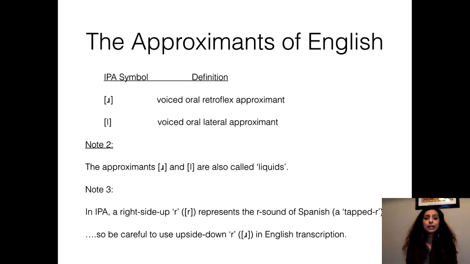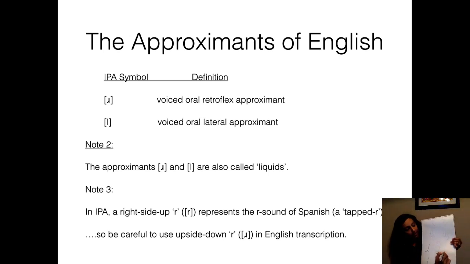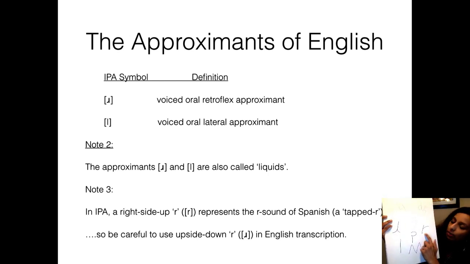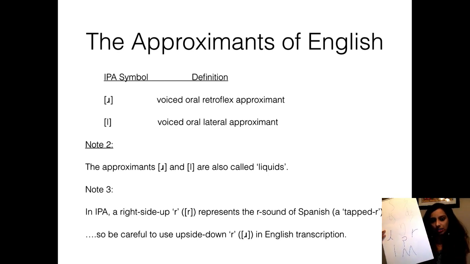A very, very crucial note about the rolled R in English. Very often, my students get confused with writing R like that, right? Like you're spelling R. But this is a note, I have this in my IPA handout as well, that this sound in the IPA is a different sound.